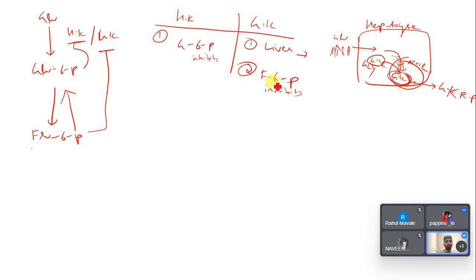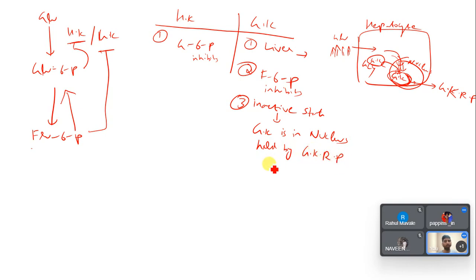So this is one of the crucial main points. Normally in the inactive state, glucokinase is in the nucleus, held by glucokinase regulatory protein. Then glucose comes in, glucose activates it and brings it to the cytoplasm, the cytosol.